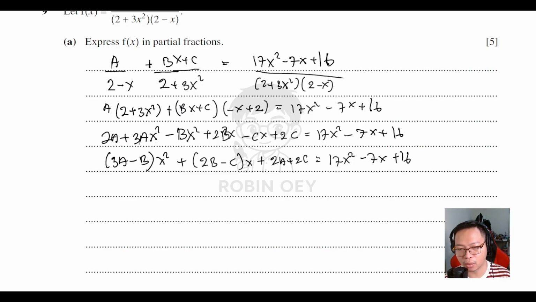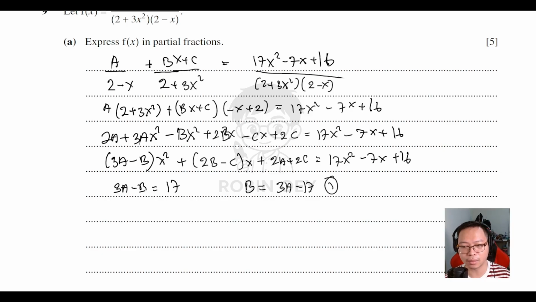Next we just have to compare. On the left hand side, the term with x squared is 3A minus B. On the right hand side is 17. So 3A minus B equals 17, so B would be 3A minus 17.